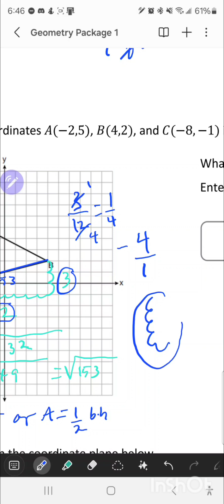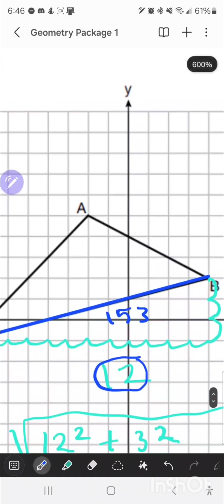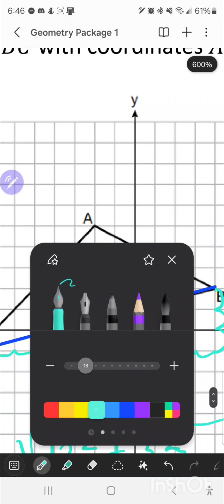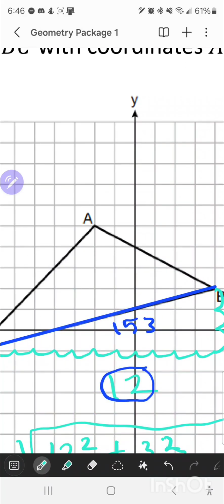This is what we are looking for here. So I'm going to come here and say, minus 4. So 1, 2, 3, 4 down because it's negative until here. And now 1 to the side. And we get this point right here.